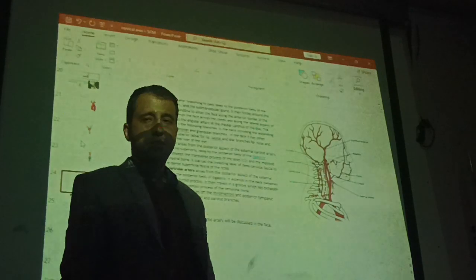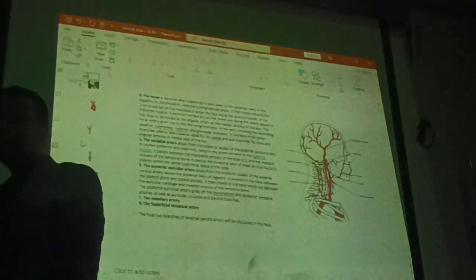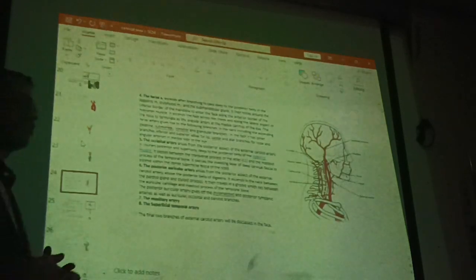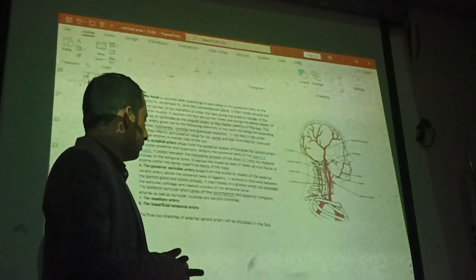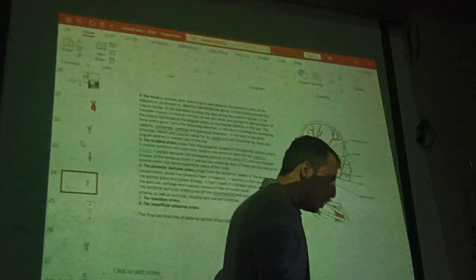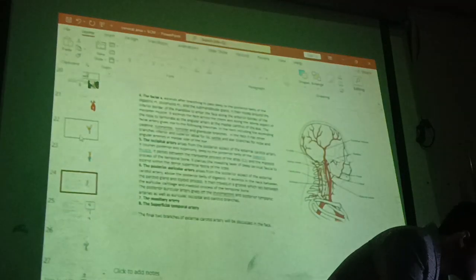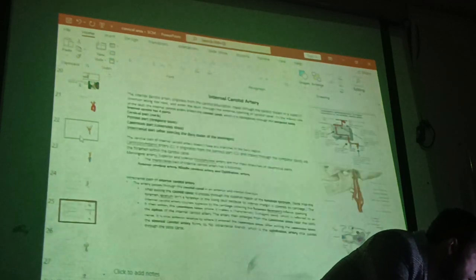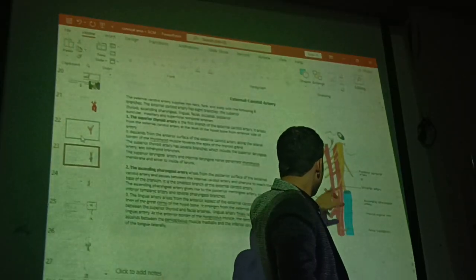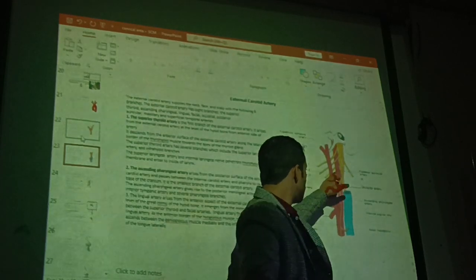Another branch is the posterior auricular artery.